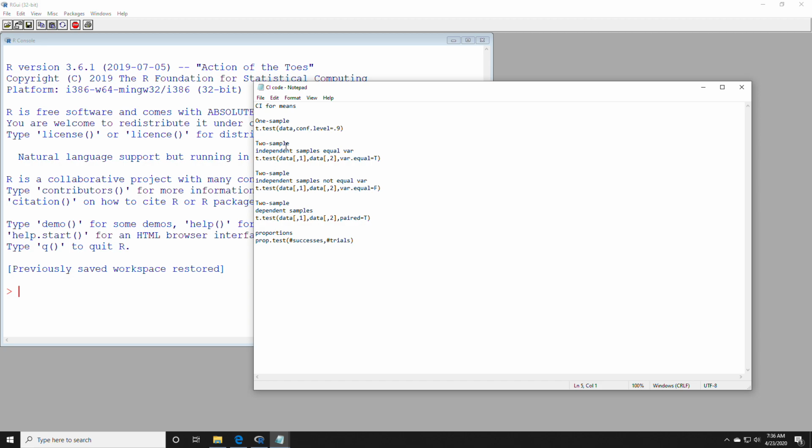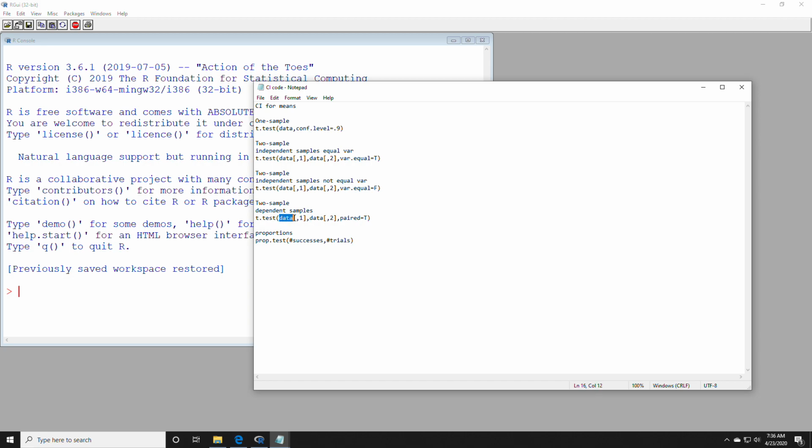For two samples, right, we have three cases. We have to decide whether they are independent or dependent. Of course, if they're dependent, then we are done and we just have to add paired equal to true. For the t.test function, you have to put the first sample, comma, the second sample, okay?